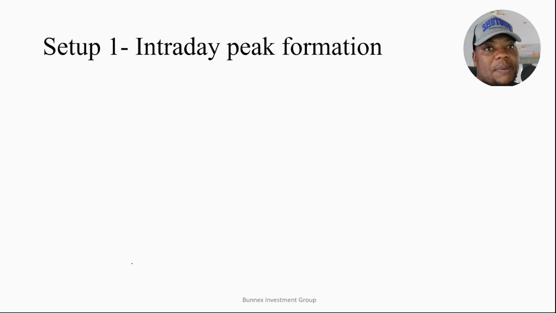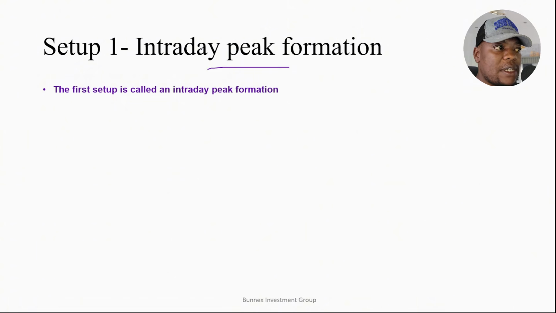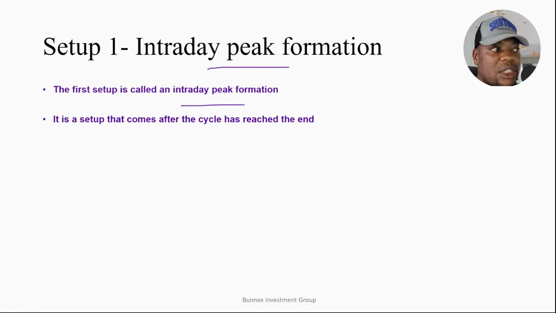So the first setup that we are going to talk about is called the intraday peak formation. It is one of the most powerful setups and one of those that are withstanding the volatility that we are experiencing right now during the Trump era. It is a setup that comes after the cycle has reached an end.